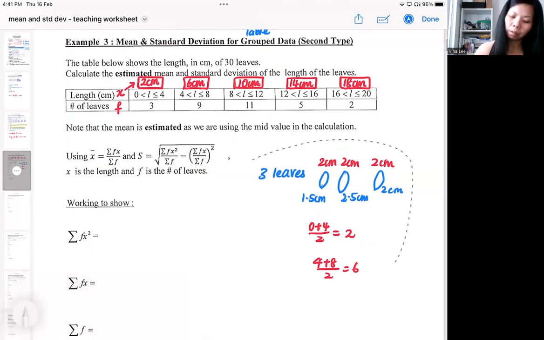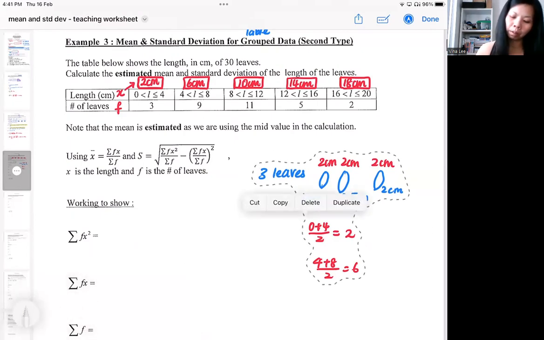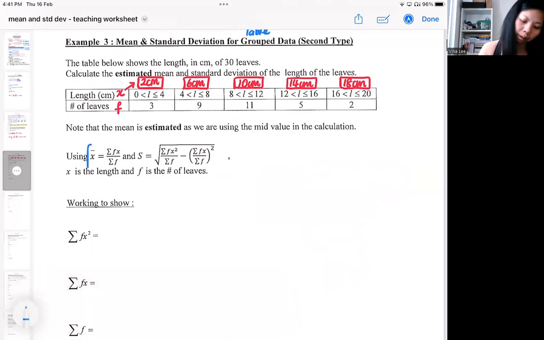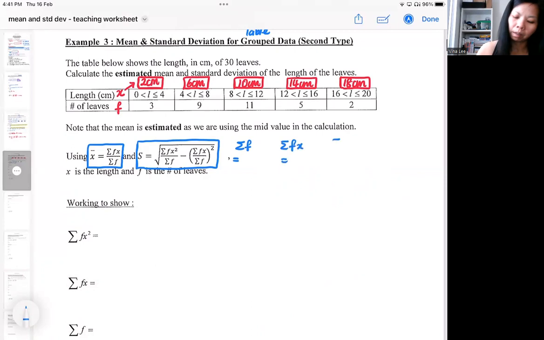Okay, so I'm still using the table group data. So it's still the same formula. It's still the same formula like example 2, which also means that I need the same items. I need f, I need fx, I need fx squared.